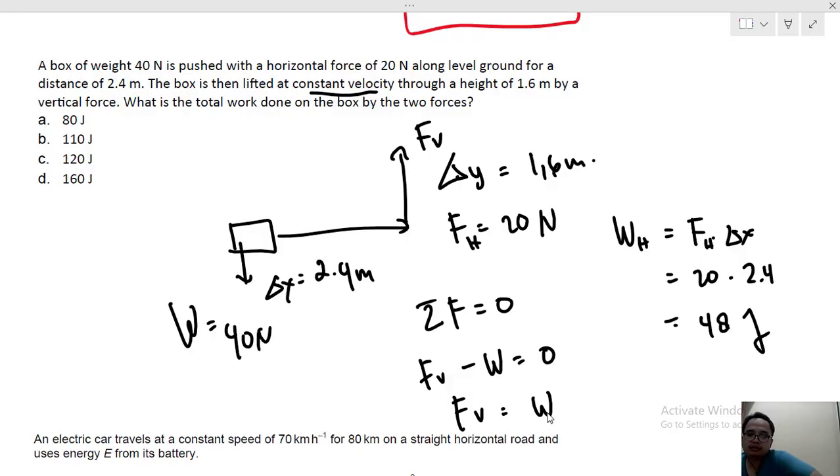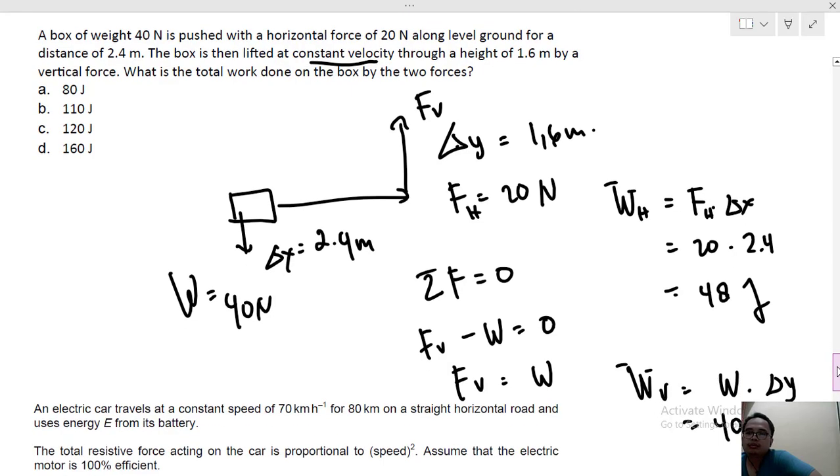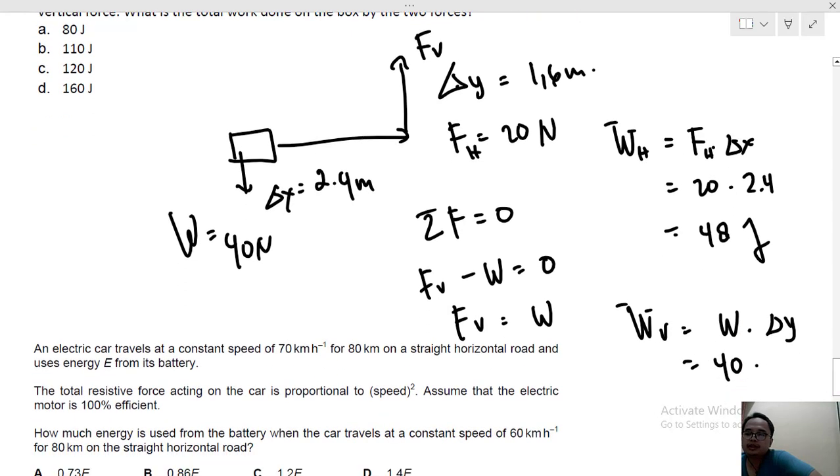Because Fv equals weight, we can state that the vertical work done equals weight times delta y. The weight is 40 and the height moved is 1.6.